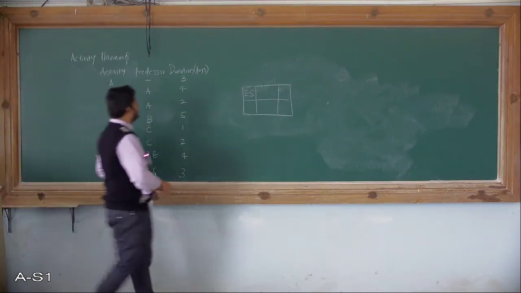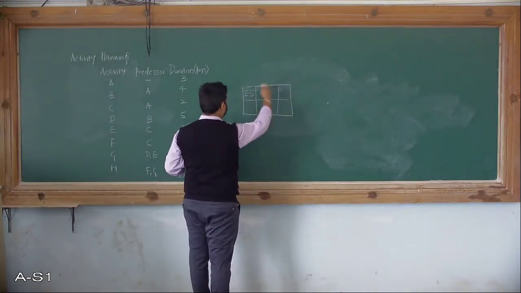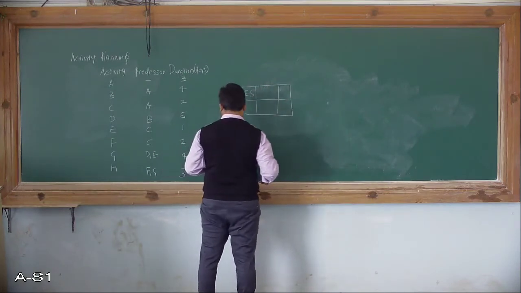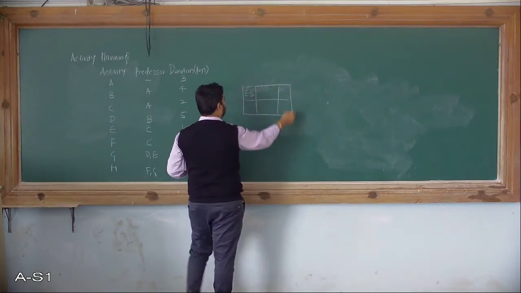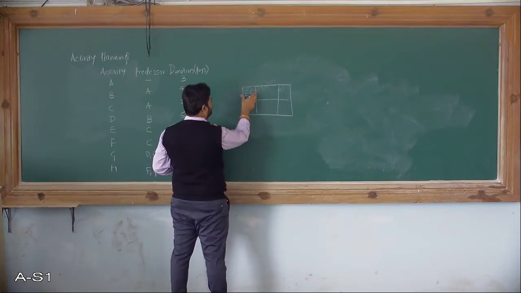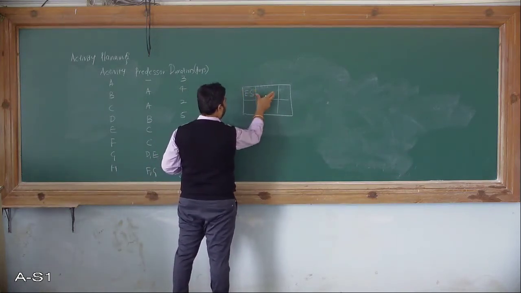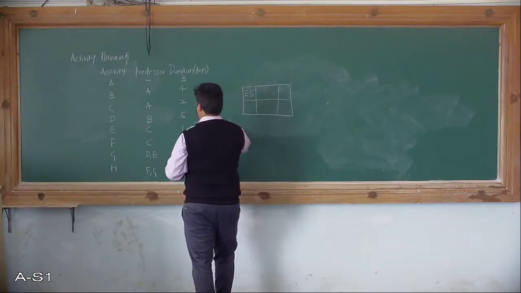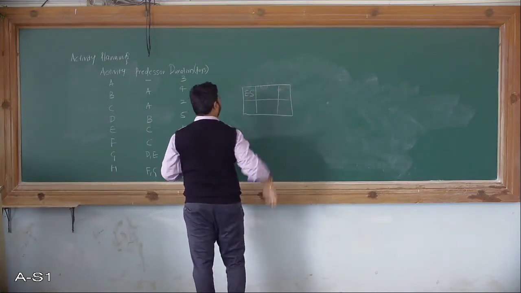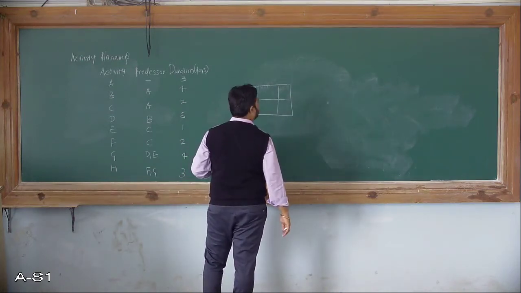Yes, you can observe here. In this particular precedence network node, we have drawn one square. In that small rectangle or square, with different values belonging to each and every activity, we draw the precedence activity.